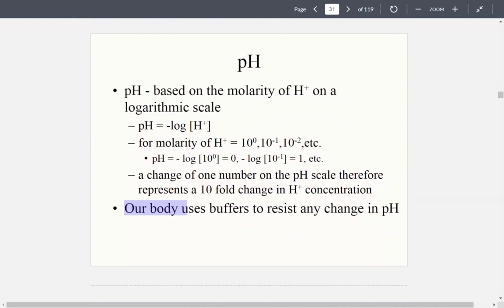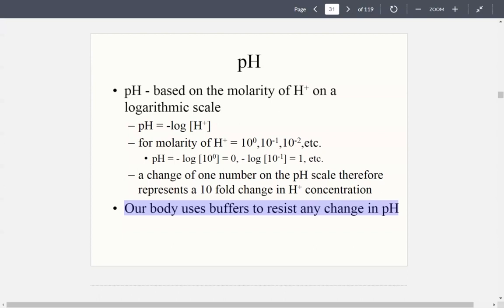Very important statement right here. As I mentioned very briefly in the Unit 1 PowerPoint, our body will stabilize its pH. It will maintain it, provided your kidneys are working correctly, as much as it possibly can.